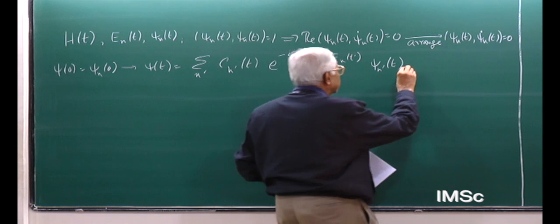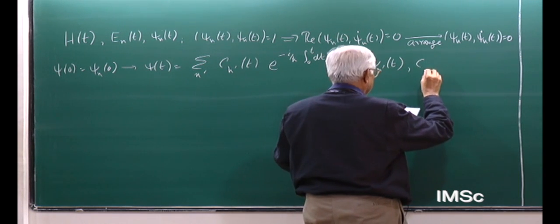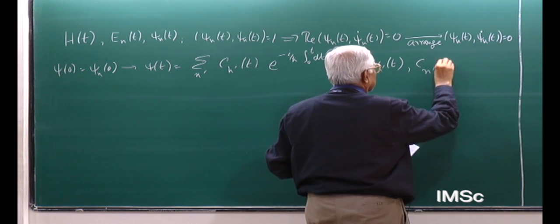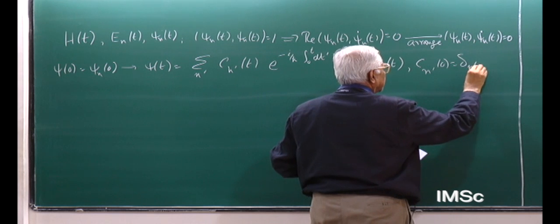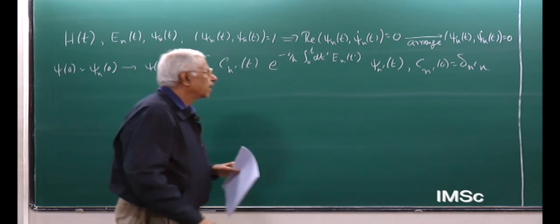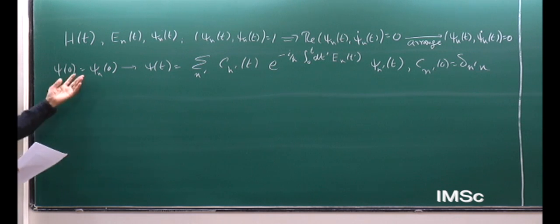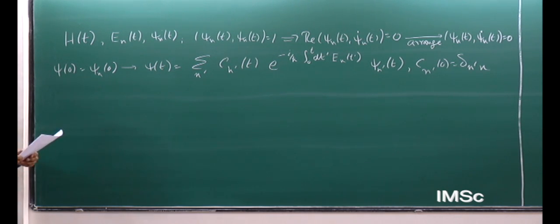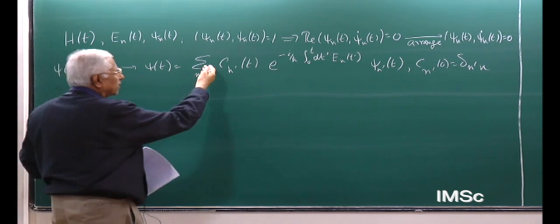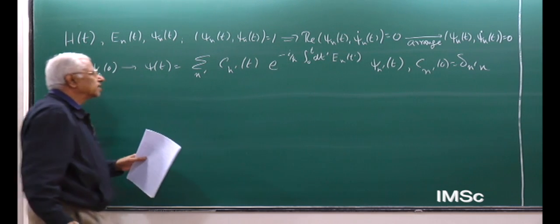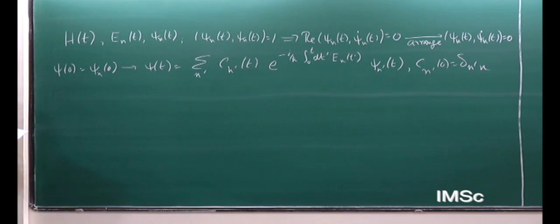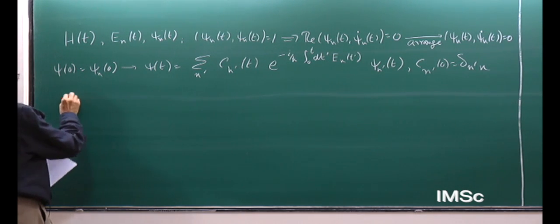So this means that these expansion coefficients have a very simple form at time t equal to 0 because of the given initial condition. And then you put this expansion into the Schrodinger equation. And when you do so, you find the following.